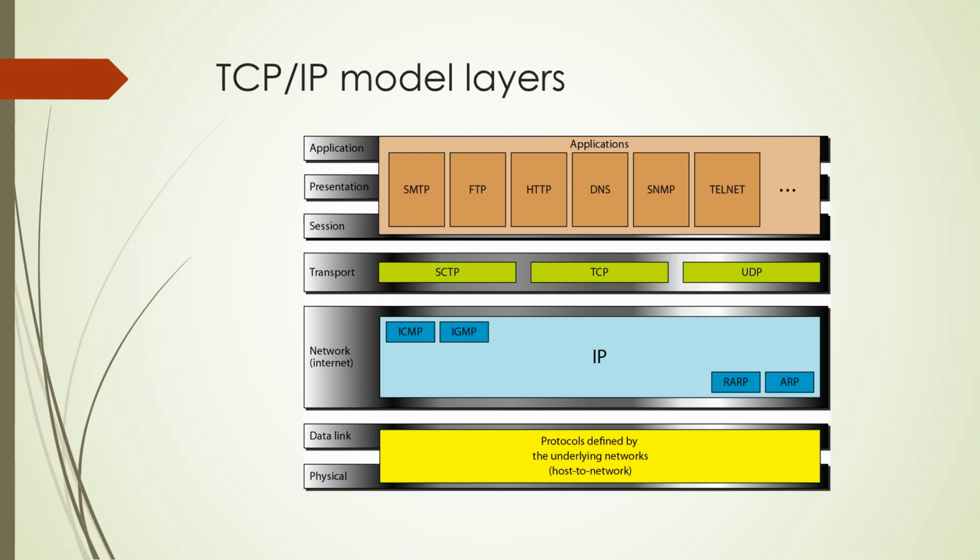Telnet is used for virtual terminal kind of things. SNMP, I guess it stands for Simple Network Management Protocol or something like that. I don't exactly remember it right now. So again, these higher level protocols will be handled by the last layer, that is the application layer, in the case of the TCP/IP reference model.